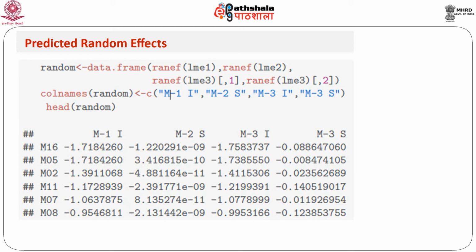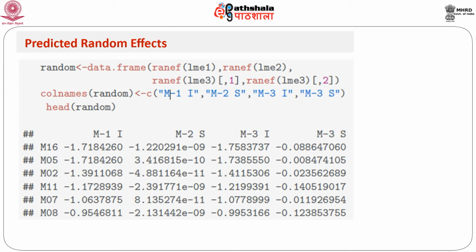Note that for the first model, which has a random intercept, the ranef would give one column of random intercepts. For the second model, which has a random slope, it would give me one column of random slopes, or predicted slopes. And for the third model, the random effects would give me 2 columns of predicted random effects.